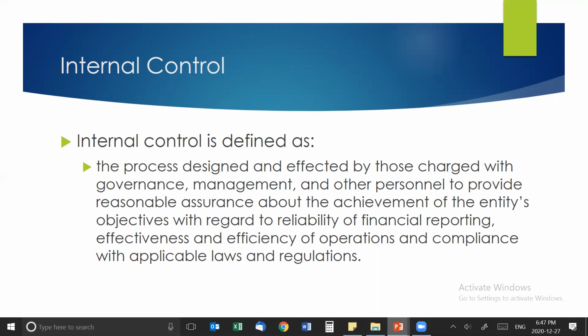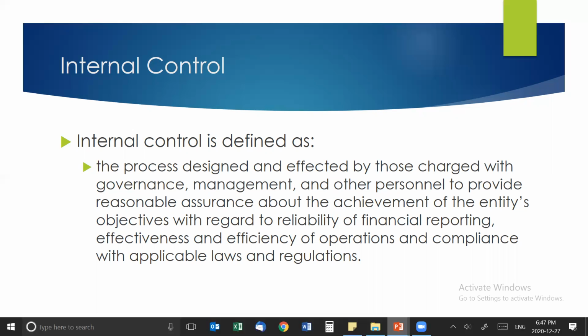So internal control is the process designed by those charged with governance or management to provide reasonable assurance around the reliability of financial reporting and the effectiveness and efficiency of operations, as well as compliance with applicable laws and regulations.